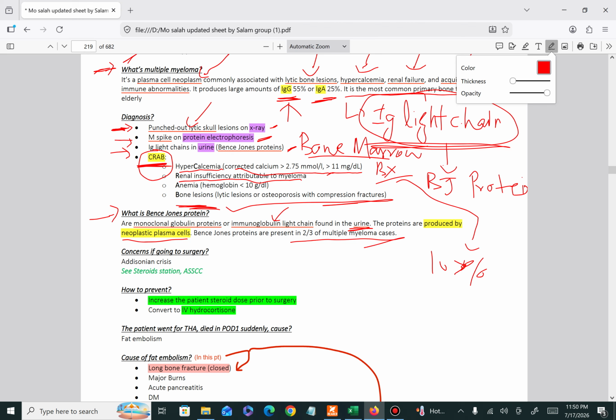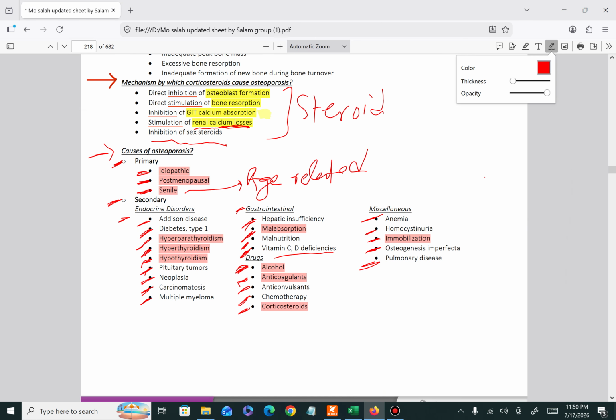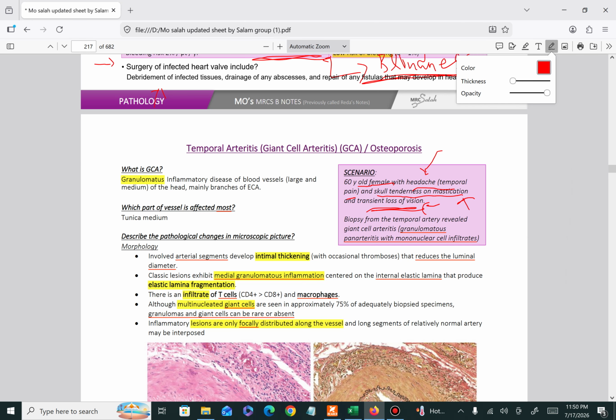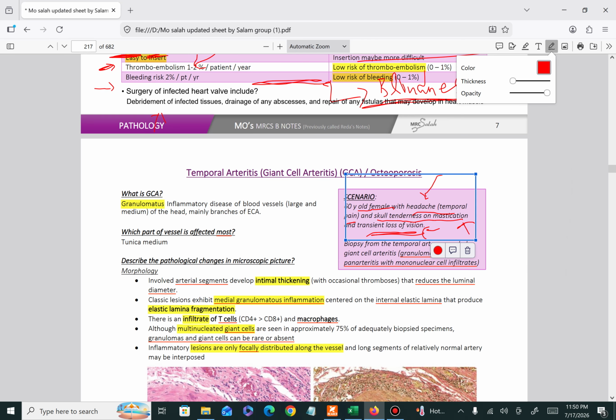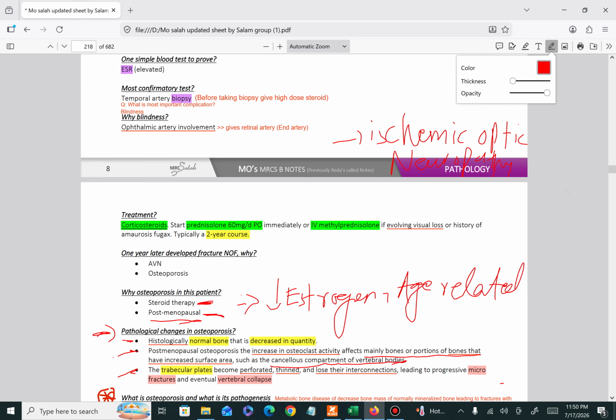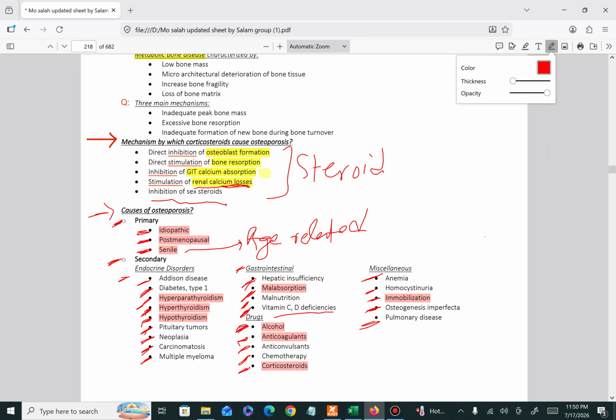Then the concern if going to surgery is Addisonian crisis, because it relates to the previous scenario, in which a 60-year-old female had giant cell arthritis and was using steroids for that.